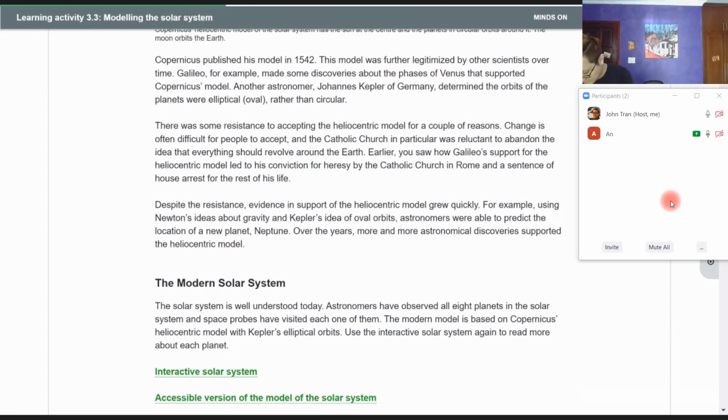Earlier you saw how Galileo's support for the heliocentric model led to his conviction for heresy by the Catholic Church in Rome and the sentence of house arrest for the rest of his life. So basically, he's not allowed to go out, and everything he wrote would be censored by the church.